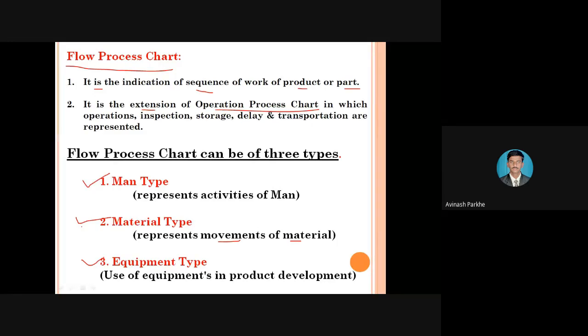Man type, as the name itself suggests, means whatever activities are performed by the man will be represented by the man type of flow process chart. Second, material. Material means your product.